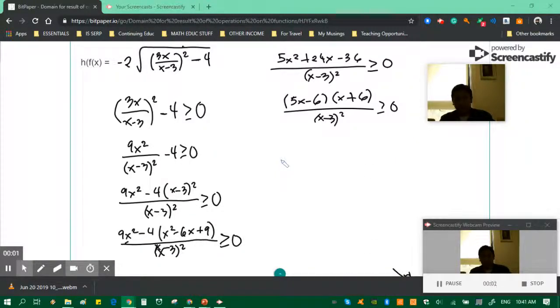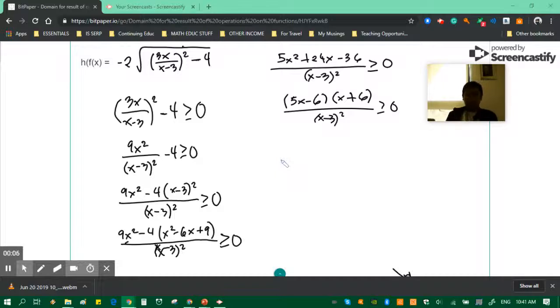Okay, now continuing this. So knowing that we have these factors brings us to our analysis for the domain. What makes each factor become zero?